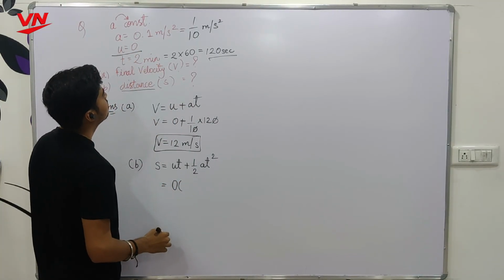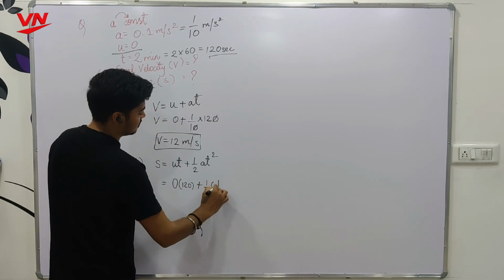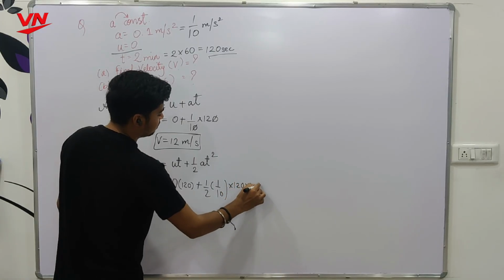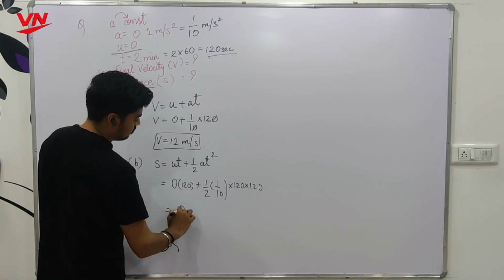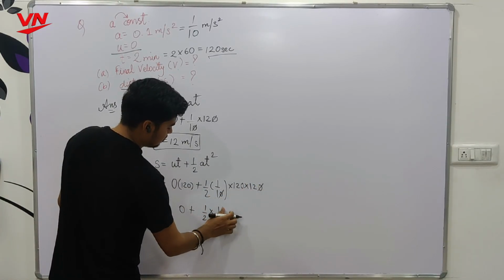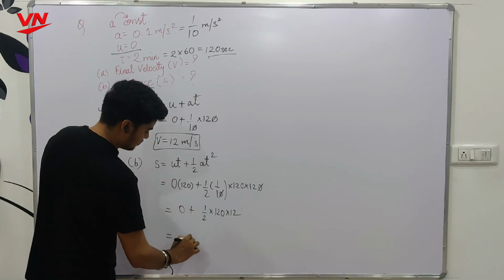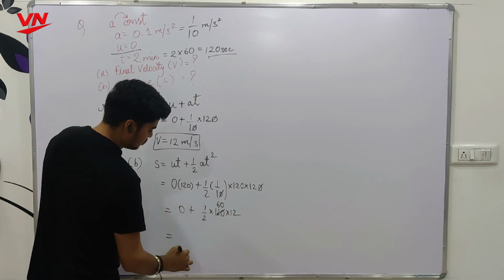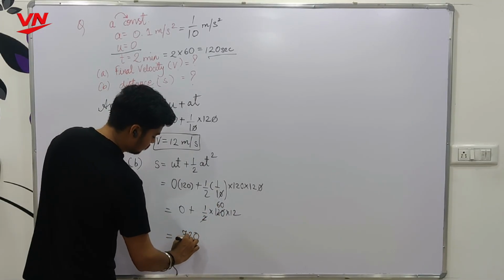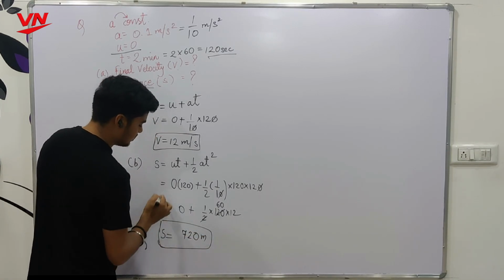What is time? 120 seconds, plus 1 by 2, acceleration 1 by 10, and again time is 120 and its square means 120 again. 0 plus 1 by 2 into, 0 0 cancel, we will get 120 into 12. 2 sixes are 12, 2 sixes are 12, 12 sixes are 72, we will get 720 meter is your distance.